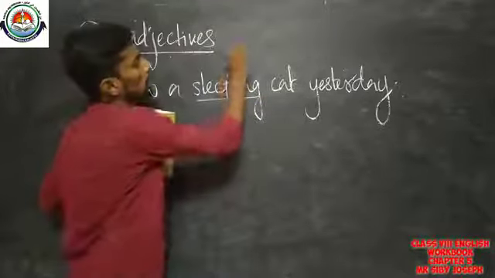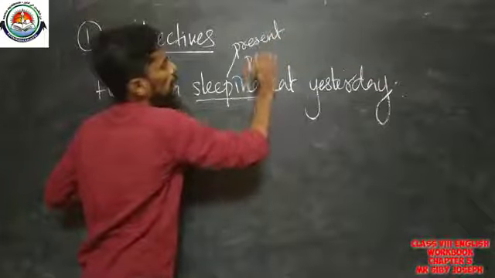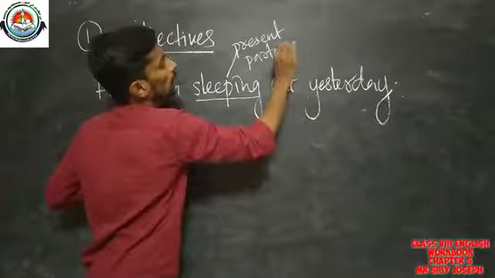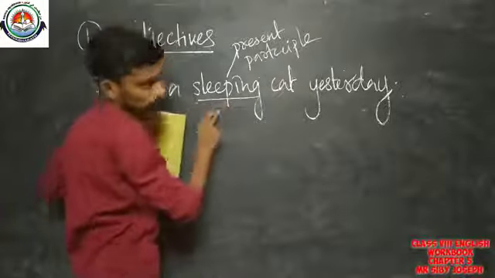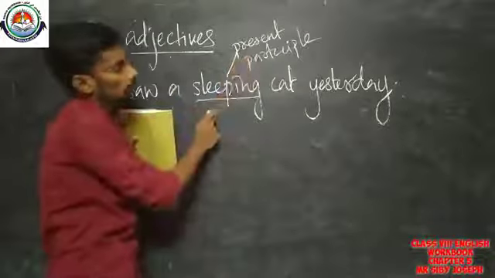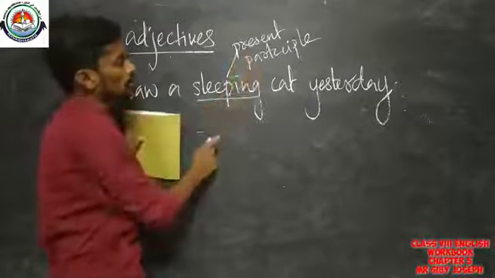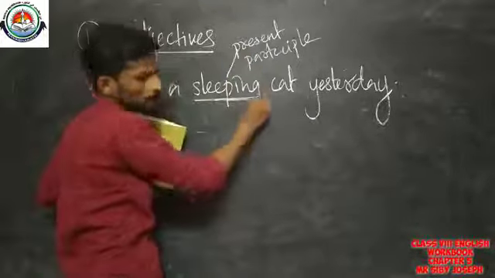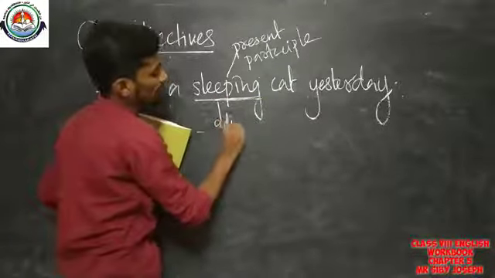Sleeping is actually a present participle because it is the ing form of the verb sleep. So it is actually an example of a present participle. So, this present participle is used as an adjective.